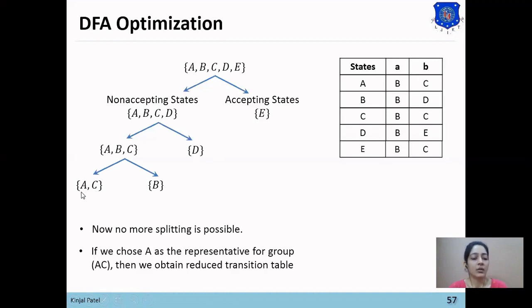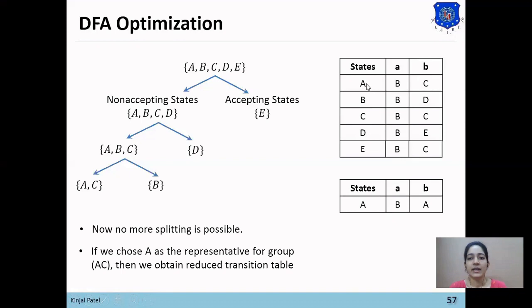So if you choose A as a representative for the group AC, then we obtain the reduced transition table like this. Here you can see that in the first row it is A, B, and we have replaced C with A because we are representing A as our state AC.